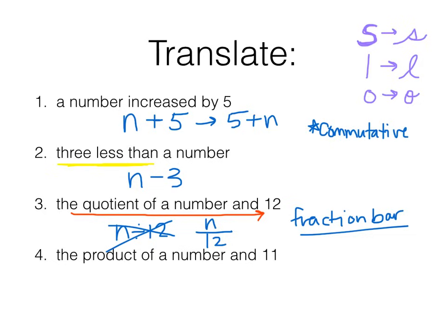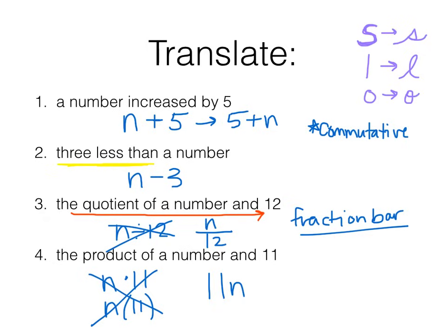The product of a number and 11. So product, that's multiplication. Now, although we know a number times 11 with a dot or a number times 11 with parentheses is still the same thing as 11 times a number, we're not going to write that for algebra either. When you write a number times a variable, you're going to write it like that. So a number times 11 is going to be 11n.